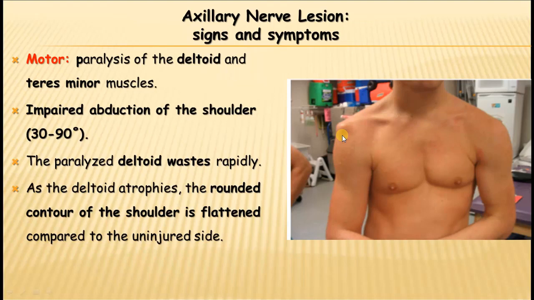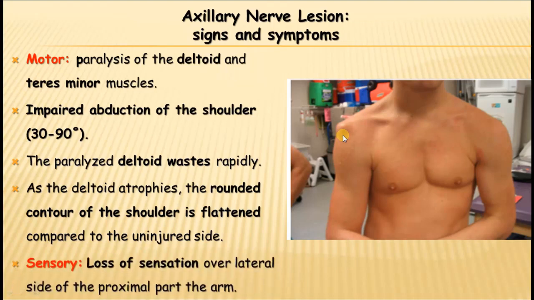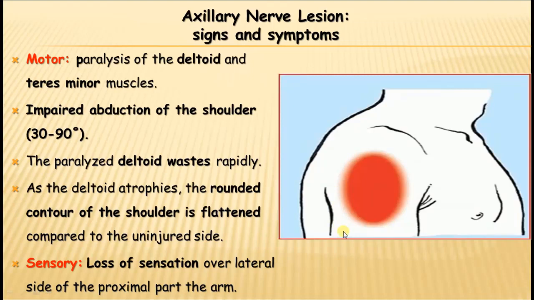You will also not have any sensation over the upper lateral part of the arm, because the cutaneous innervation is again by the posterior division of the axillary nerve. So mainly this area, which is supplied by the axillary nerve, will have loss of sensation.